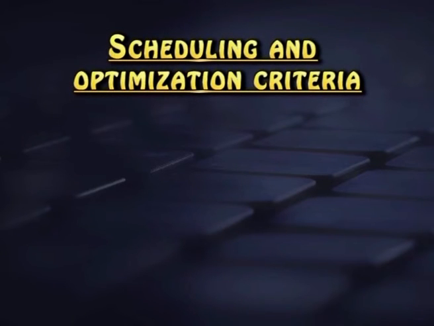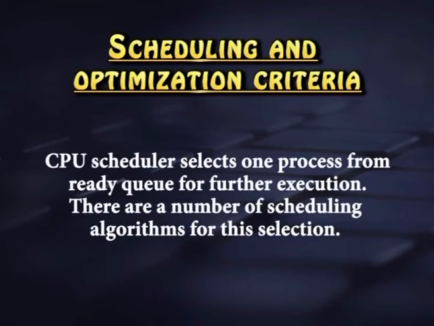Next we have scheduling and optimization criteria. CPU scheduler selects one process from the ready queue for further execution. There are a number of scheduling algorithms for this selection, but before selecting or developing any algorithm, we should consider the following scheduling and optimization criteria.